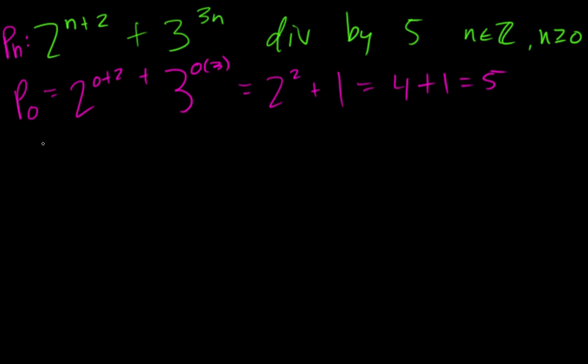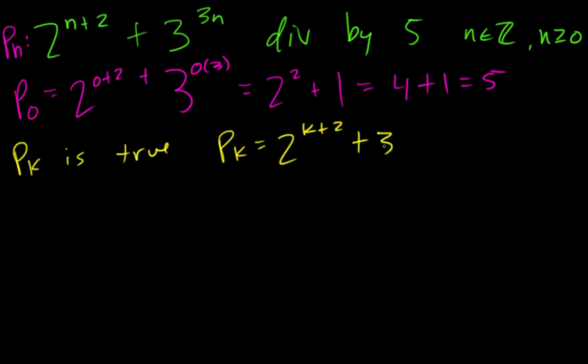Now, since we proved the first case to be true, we're going to assume that P of k is true. And just to be clear, P of k is 2 to the k plus 2 plus 3 to the 3k. And since it's true, we know that it can be represented by 5 times some integer.